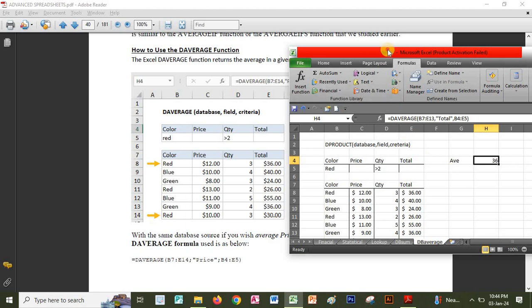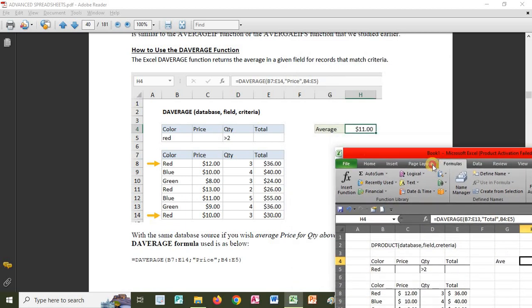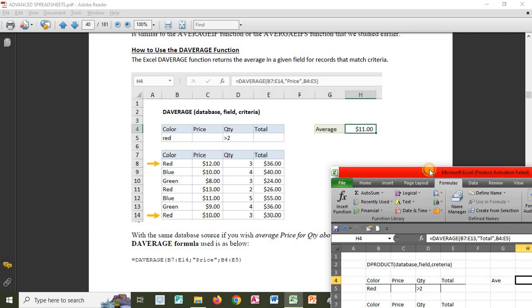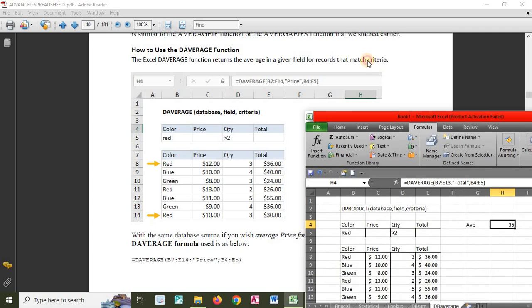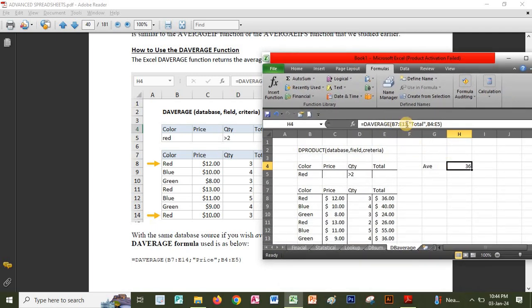The average should have been, not 11. What did we sum, the prices? Okay, we can rectify that. Let me sum the prices and see whether it works out.